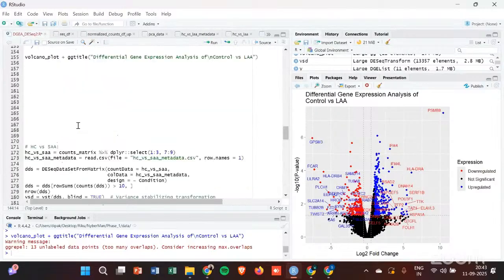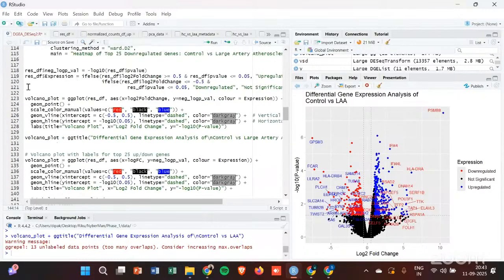Line number 120, where you are plotting the volcano plot. Yes, this is the part where I'm defining the volcano plot using the ggplot syntax, and this is where I'm plotting it, in 130.